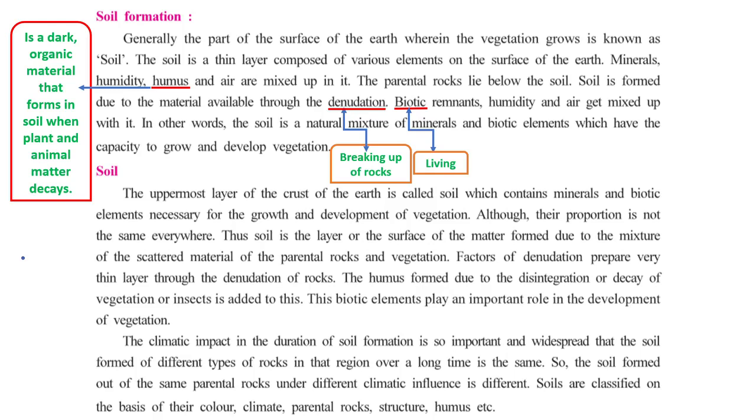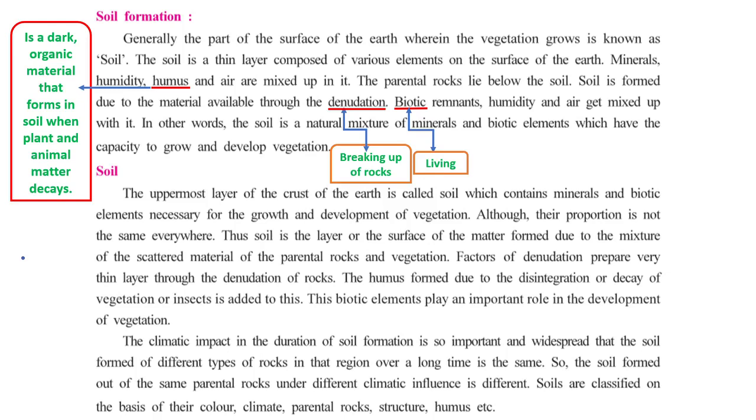Let us see soil. The uppermost layer of the crust of the earth is called soil, which contains minerals and biotic elements necessary for the growth and development of vegetation. Biotic means living elements, although their proportion is not the same everywhere. Somewhere the proportion is larger, somewhere it is lesser. Thus, soil is a layer of matter formed due to the mixture of scattered materials of the parental rocks and vegetation.